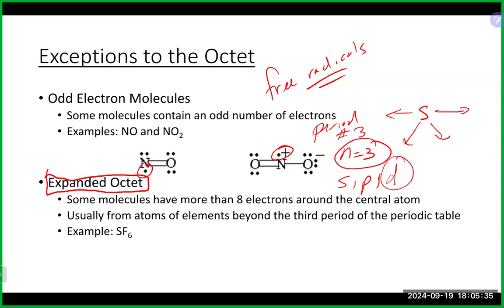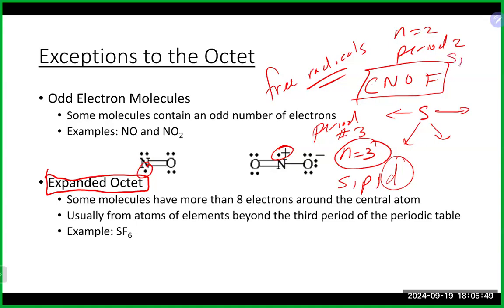That is also why if you go above them on the periodic table, we'll double jeopardy the question. That is period number 2, yes, which means that n is equal to 2, and on the 2nd energy level, there's only s's and p's, no d's available. That means that anybody above them on the periodic table should never, ever go above 8 because they have no way to do that.